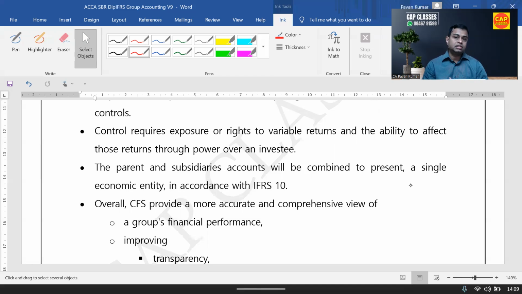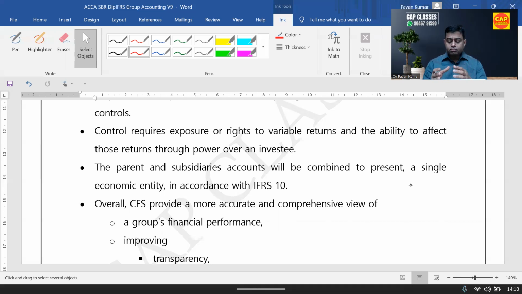One is you should have control over the other entity. For example, by way of holding more than 50% of the share capital, which gives you voting rights. Or two, by way of having a shareholder agreement such that you will appoint the directors of the other company, you will reappoint or remove or fix the remuneration of the directors of the other entity.